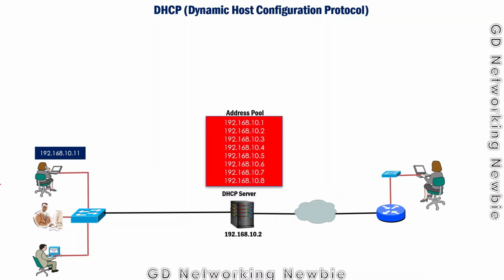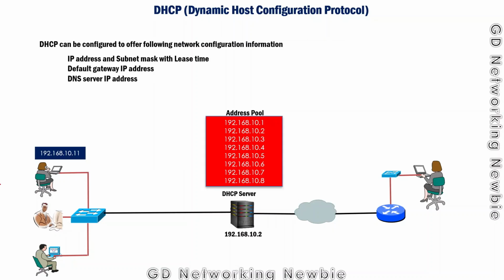So this DHCP server has a pool, as we discussed. In addition to the IP address, this DHCP server can be configured to offer other network configuration information as well. For example, these client machines also need the address of the default gateway.